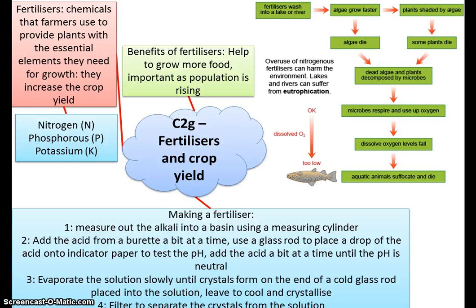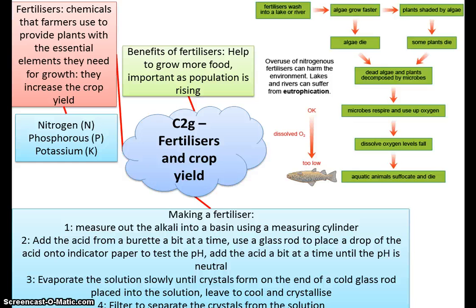Now, there is also a bit of a downside to this, and it's a process called eutrophication, and you should be able to describe this process. It may well be one of those 6-mark questions where you're asked to describe the process of eutrophication.